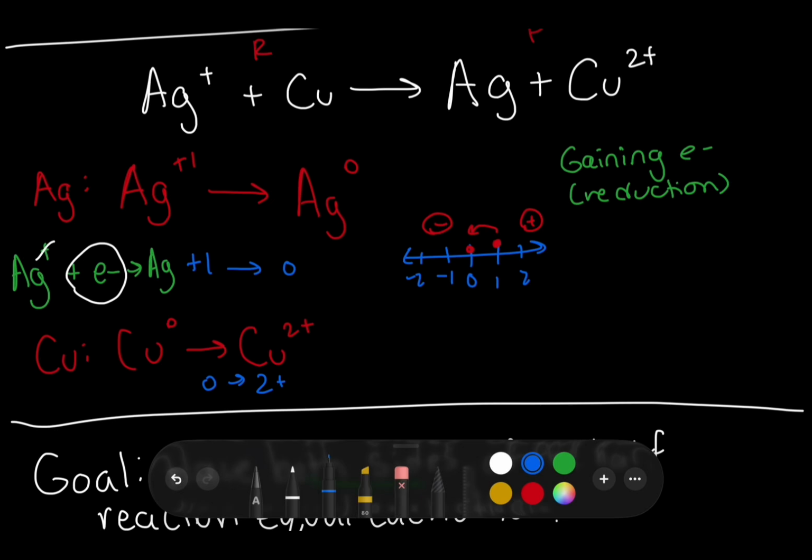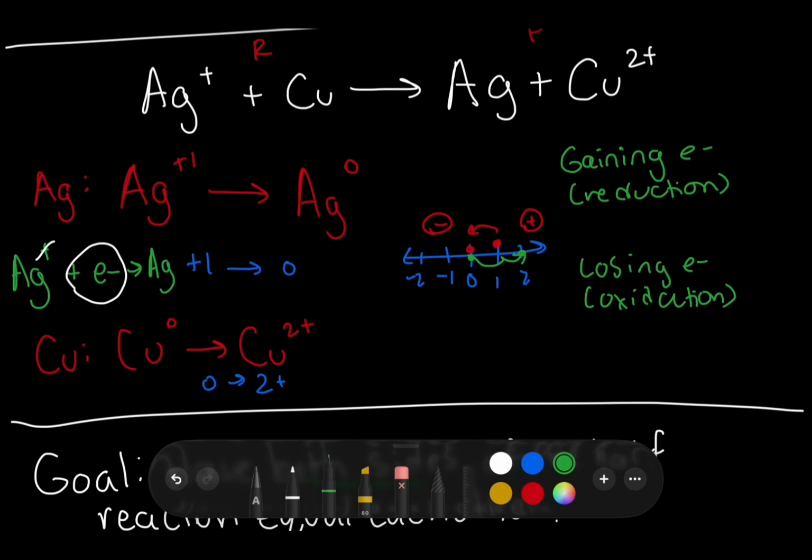And if it's becoming more positive, we're losing negativity. We're losing electrons, which is going through oxidation. Because now, rather than gaining electrons, we're going from a 0 and becoming a +2. So now we're going more towards the positive side.